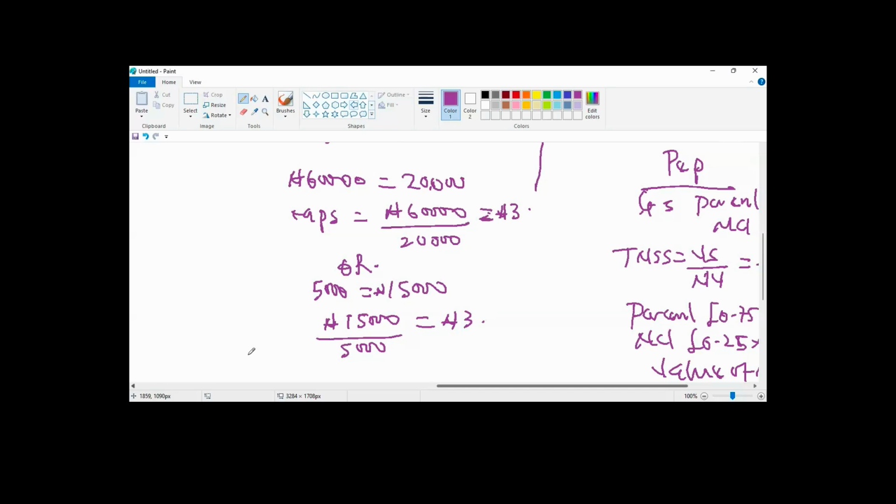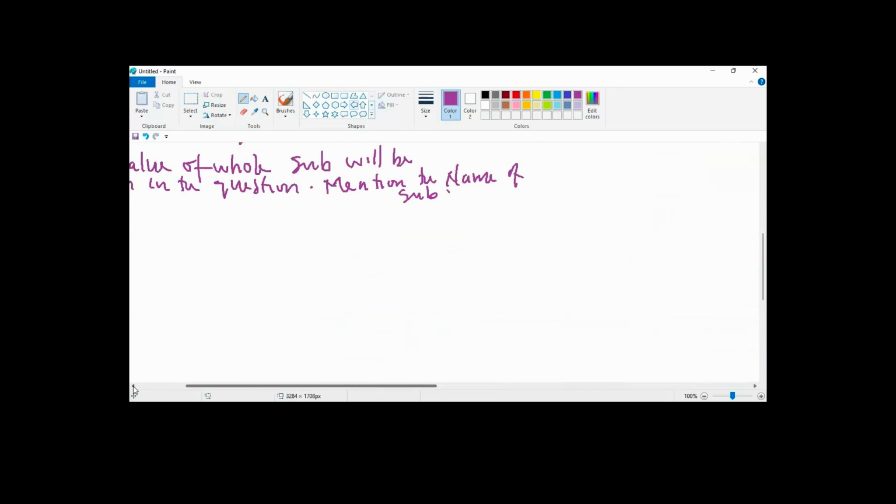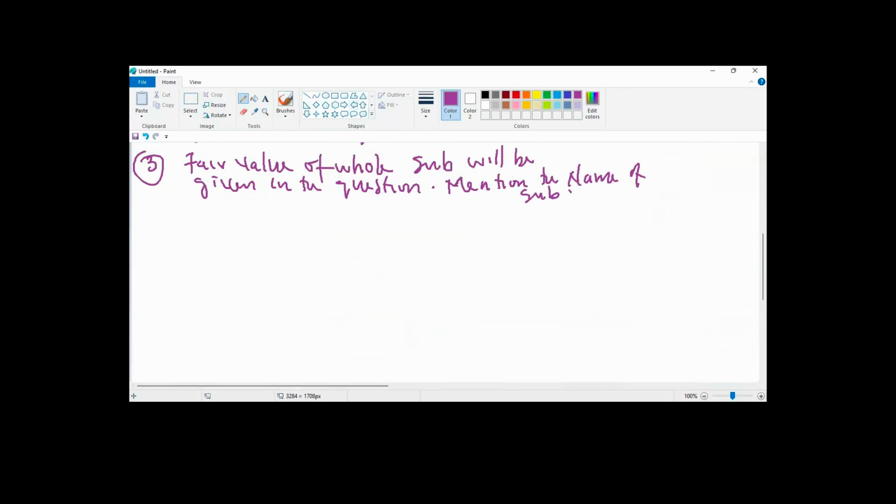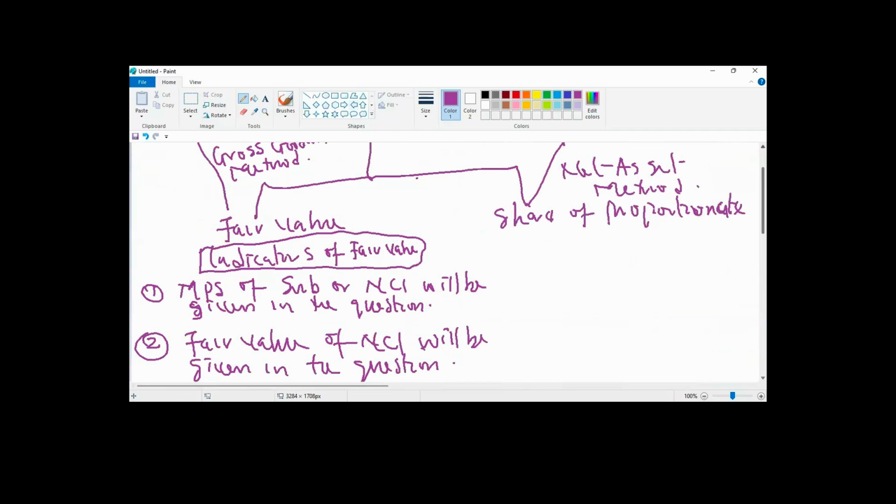Look at it. This is the reason. The question can give me a market price per share of 3 naira. I will multiply it by the number of shares that belongs to NCI, 5,000, to get 15,000.